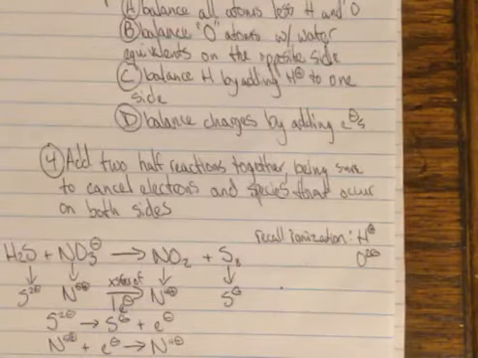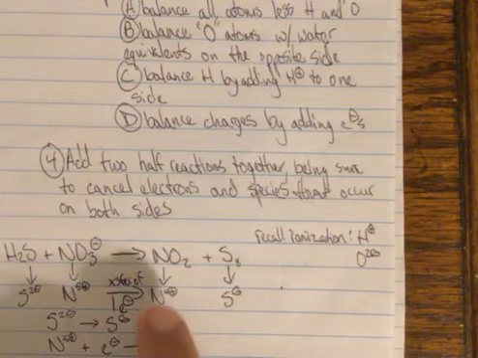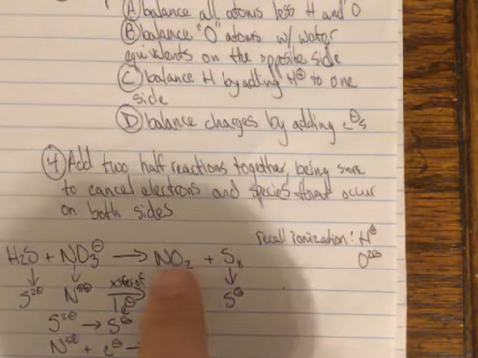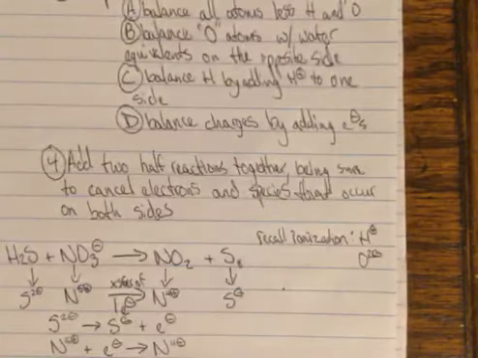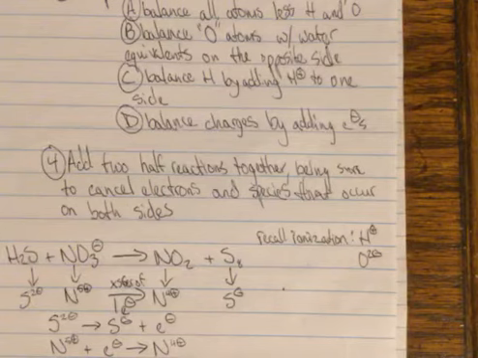Going over to the product side, NO2 is going to be a neutral molecule. Well, it's really more of a zwitterion, but neither here nor there. It's net neutral. So if you have 2 oxygens, that means 2 times -2 gives you -4 for the oxygen charges.